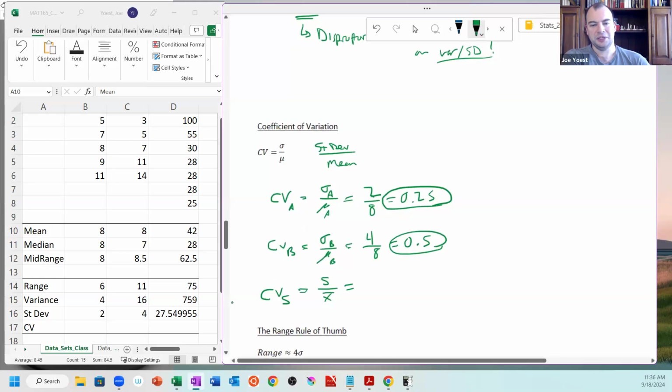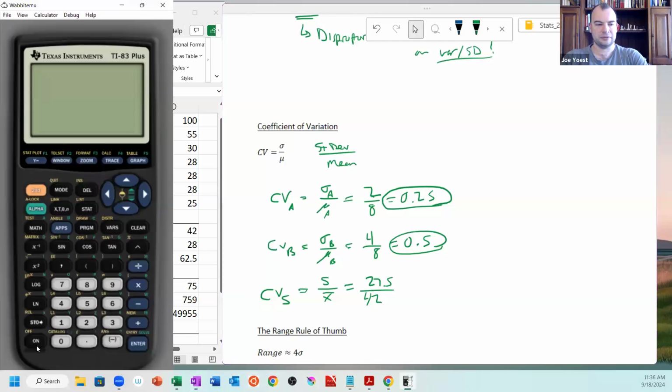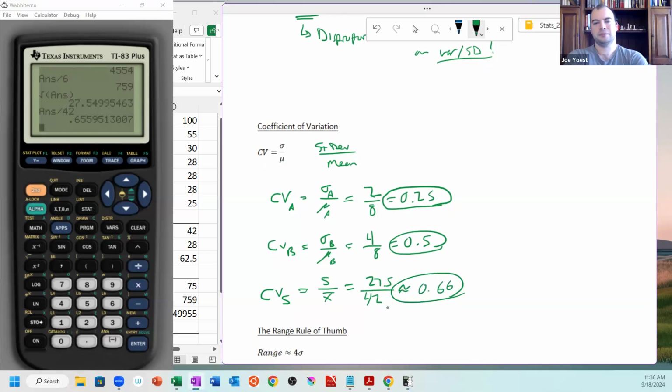That is 27.5 over 42. So we can just hit the divided by button. It's about 0.66 or so. So we see that the Brandon data's standard deviation is about half as large as its mean, and the salary data's standard deviation is about 2/3 as large as its mean.